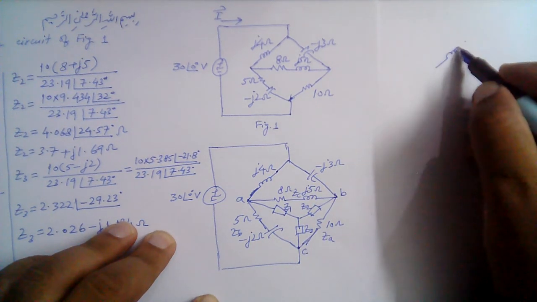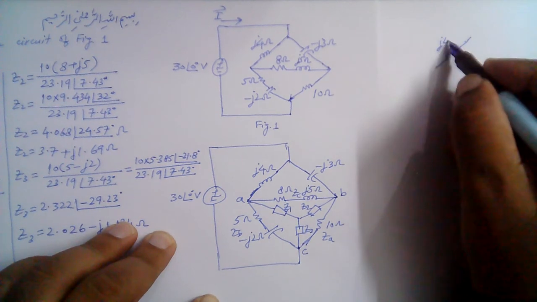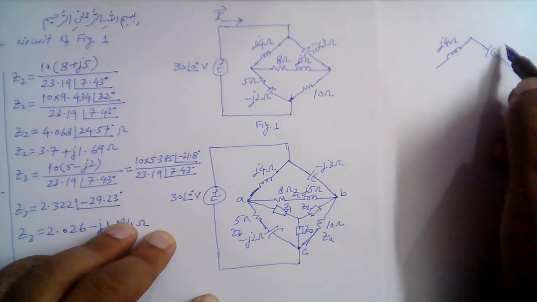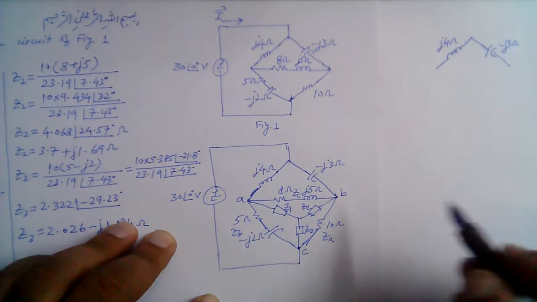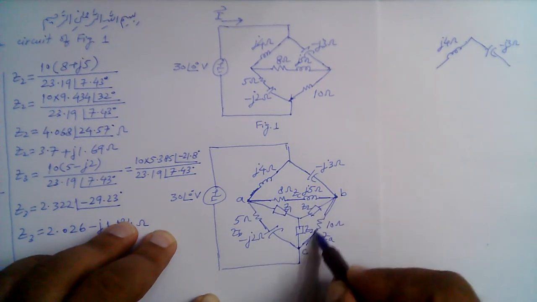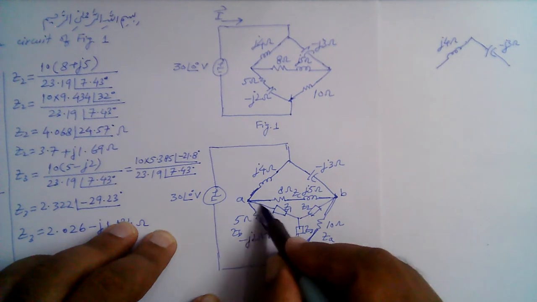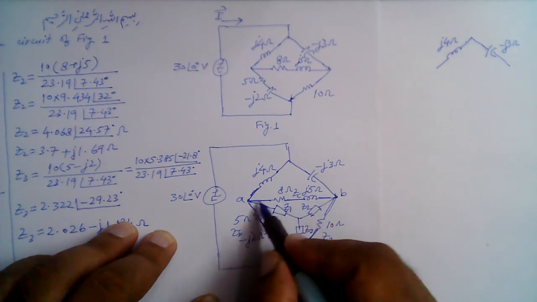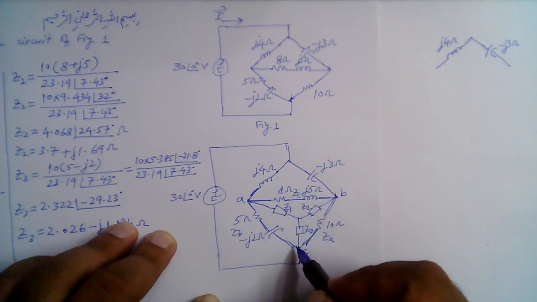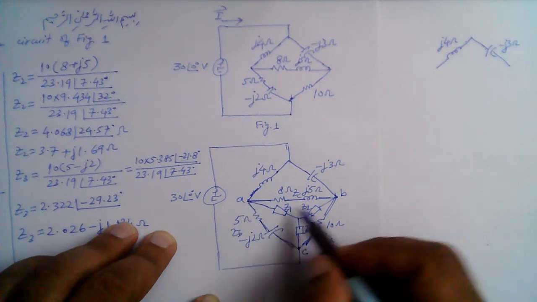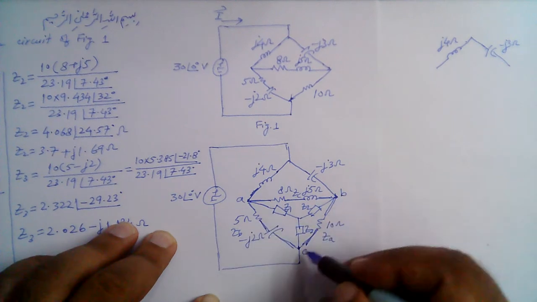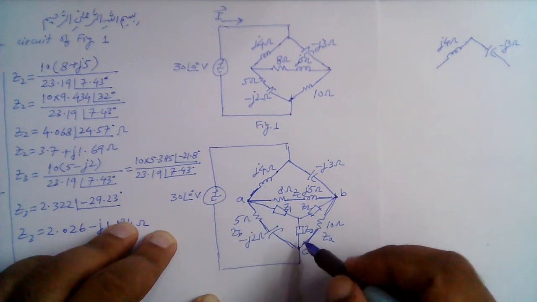This is j4 ohm, this is minus j3 ohm, right? And we have transformed this delta combination here into this equivalent Y combination here. So we remove this delta combination and use the equivalent Y combination, right? By equivalent combination, we mean the voltages and the potential difference between these points A, B, and C will remain the same.